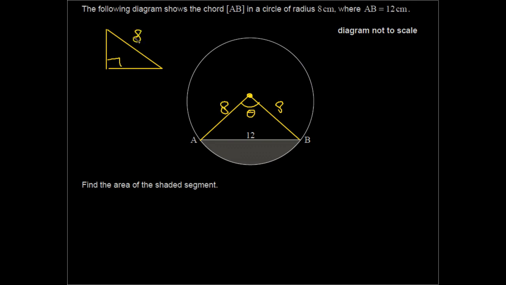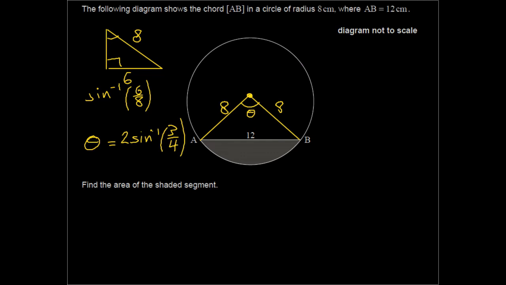This side will be 8, this side will be 6, and this angle here will be half of this angle here. For this angle, I can say that sine of the angle is 6 over 8, so I'd need to do inverse sine of 6 over 8. That would mean that theta would equal 2 lots of inverse sine, and 6 over 8 I could simplify to 3 over 4. So that would tell me how I could work out this angle.